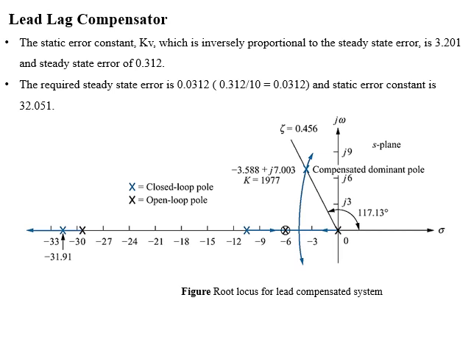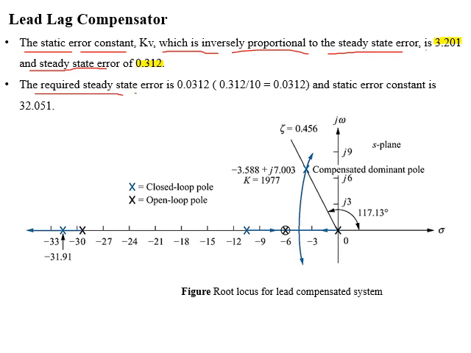Dear students, now we will calculate the static error constant for the uncompensated system. The static error constant, which is inversely proportional to the steady state error, is equal to 3.201, where the steady state error is 0.312 for the uncompensated system, where the design problem requires a 10 times reduction in the steady state error.